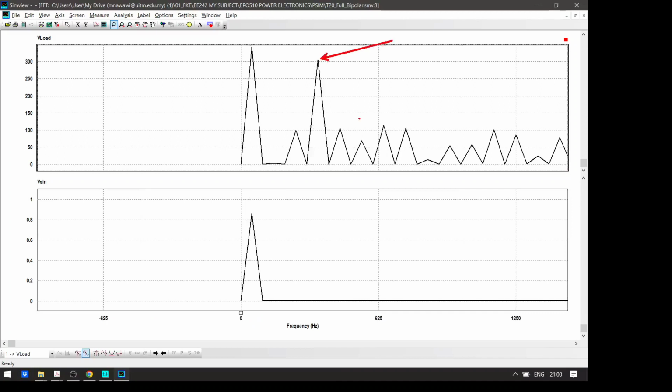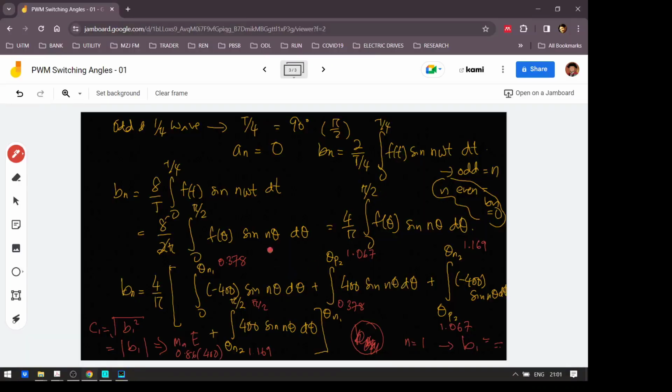Is it 350 hertz, which equals the fc? Okay, what would be that component? So how to do that? This only happens at n equals 7, isn't it? 350, so n equals 7. So you need to replace everything here with n equals 7.